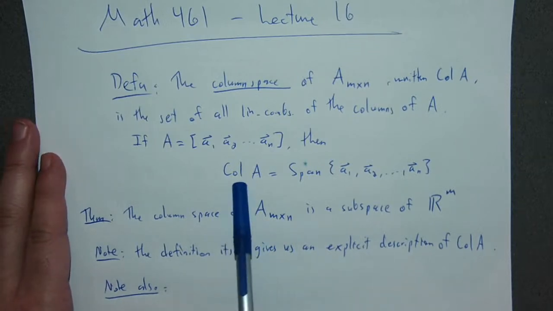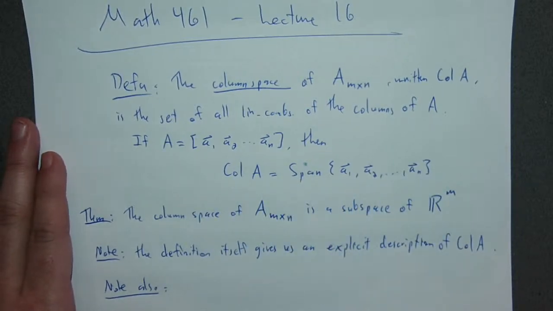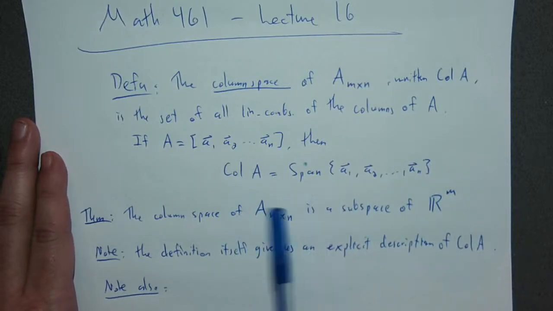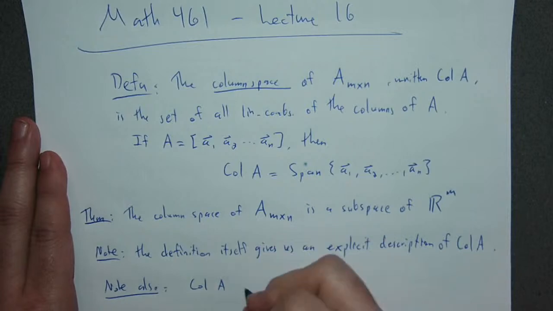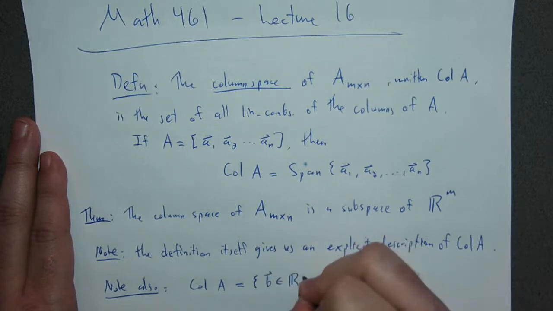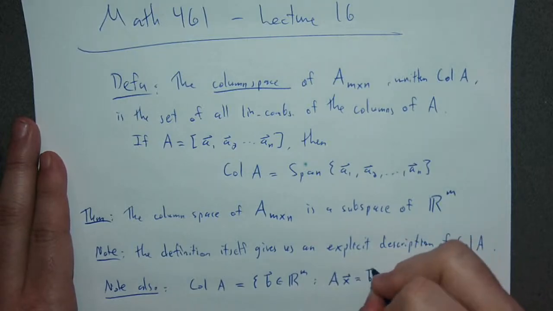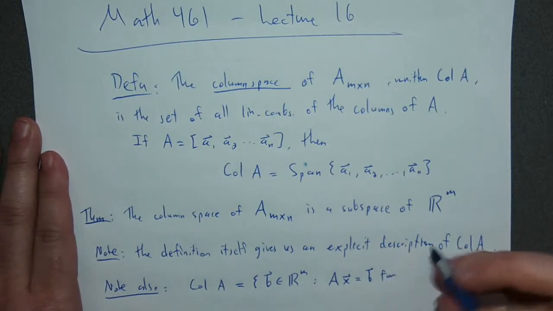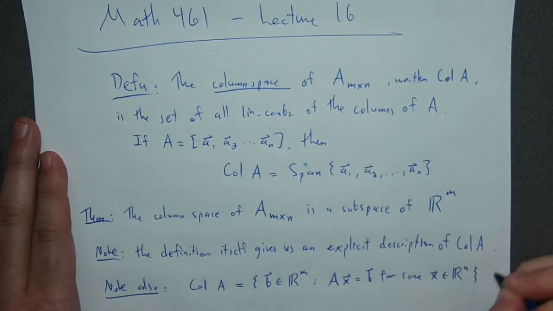Since the column space is the span of A1 through An, the columns of A, and remember the span is the set of all possible linear combinations of whatever list of vectors you have, the column space is the set of all linear combinations of the columns of A. So another way of saying that is that the column space of A is the set of vectors b in R^m such that Ax equals b for some x in R^n. Check with yourself that that makes sense.